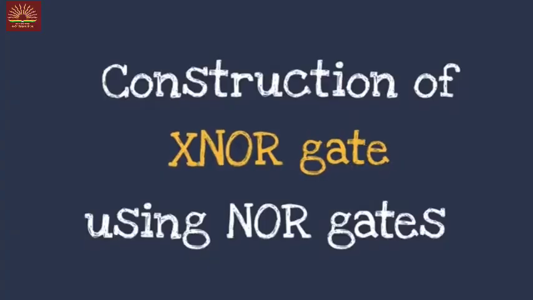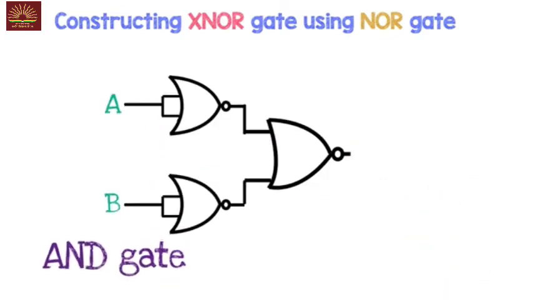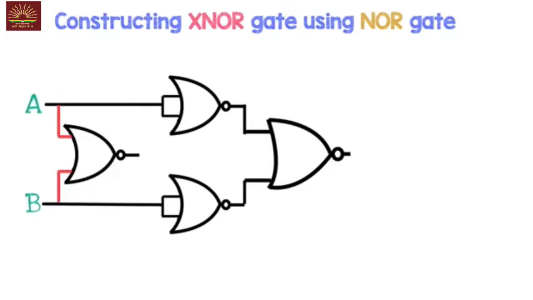The fifth gate we will construct is an XNOR gate. If you recollect the XNOR expression, it is A XNOR B and it can be expanded this way, that is A and B or A bar and B bar. Let's take the AND gate constructed using the NOR gate and connect one more NOR gate ahead.